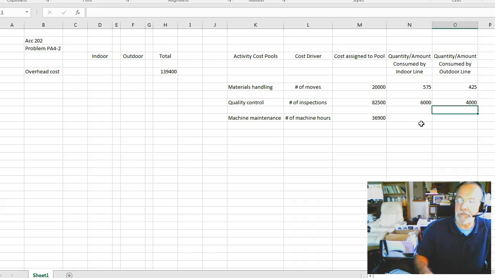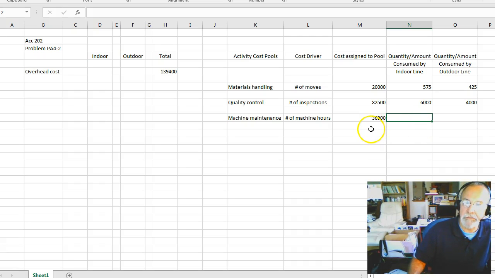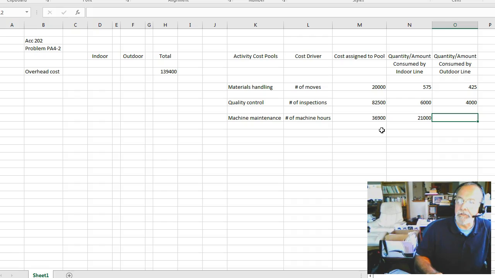That was 4,000. And then finally, for the machine maintenance activity, where the cost driver is number of machine hours, how many machine hours were consumed by the indoor line, 21,000, and how many machine hours were consumed by the outdoor line, and that was 20,000 hours.